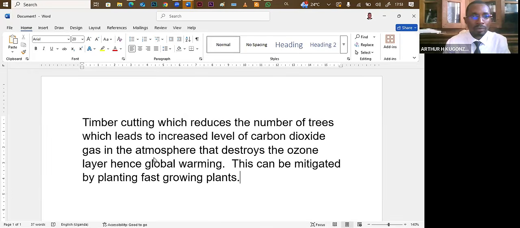Tasha Morans is saying rearing of cattle also leads to dryness.